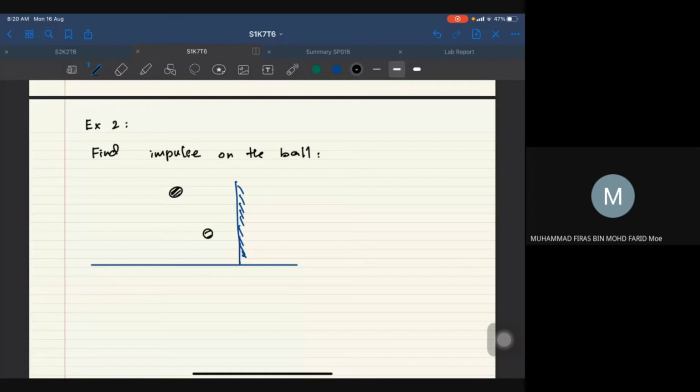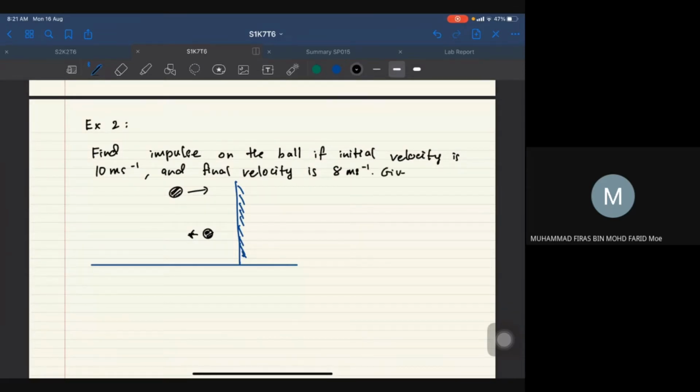Okay, contohlah, let's say this is a tennis ball. Okay, we do the simple one. Okay, find the impulse on the ball if... okay, cuba kira.